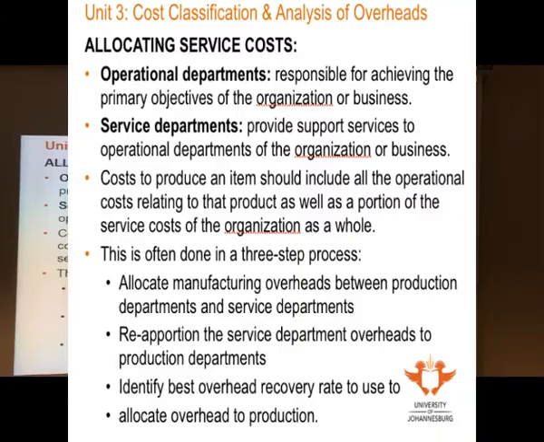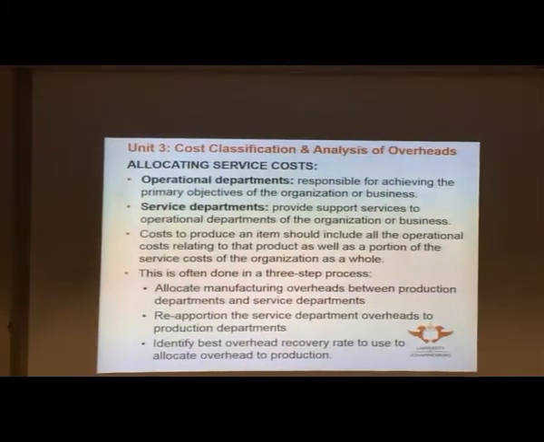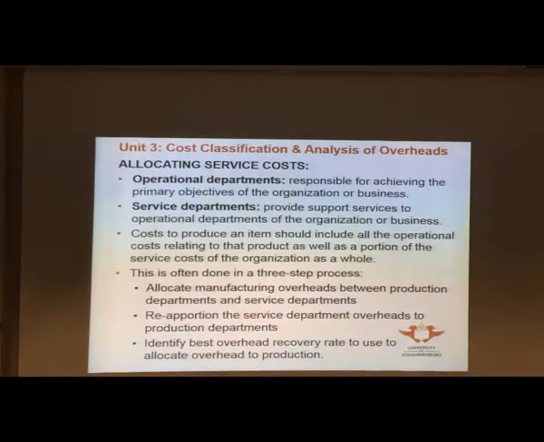When we're allocating service costs, we need to do this in a three-step process. We first allocate the manufacturing overheads to different departments, and then we allocate them to different products, and then we decide what the best way is to recover the overheads using a predetermined overhead rate to allocate them to production.